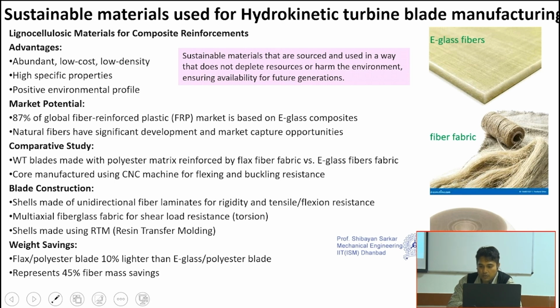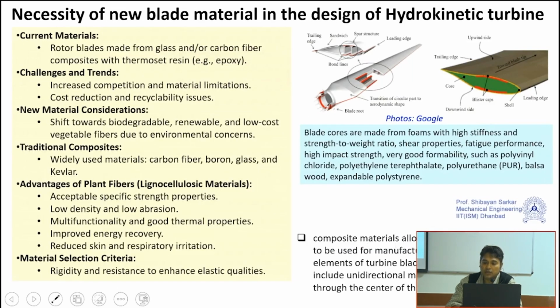With this type of material you can see e-glass fiber, which will look like this fiber fabric, and polyester matrix. These are the three main examples of this type of synthetic fiber. There are many other synthetic fibers also present that can be used for the preparation of this turbine.